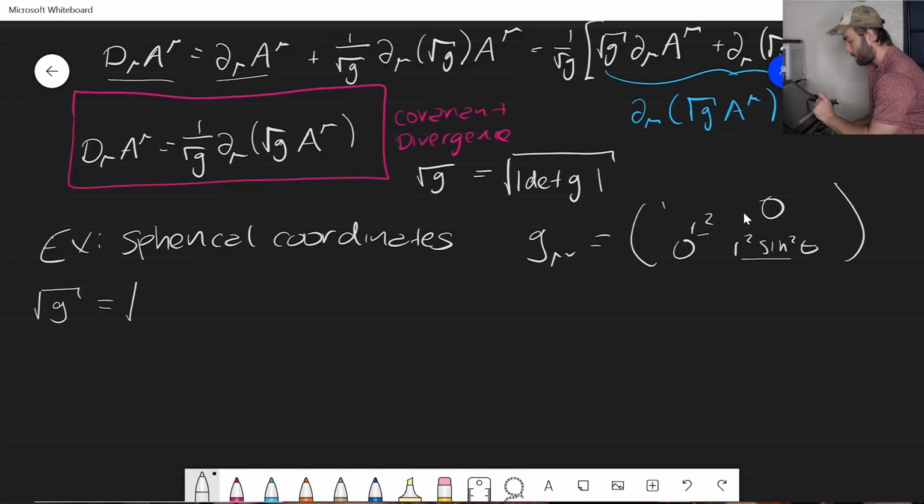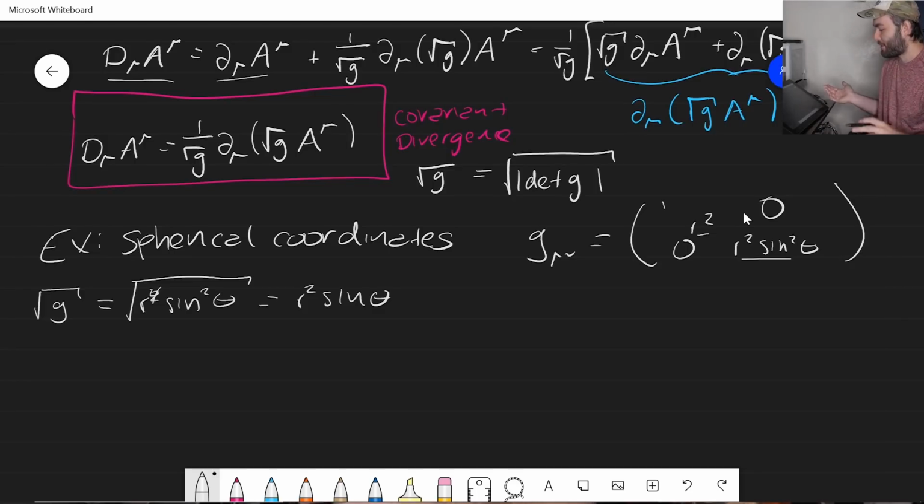That's the square root of r to the fourth sine squared theta, which is equal to r squared sine theta. And lo and behold, that's why, in doing any integral in spherical coordinates, there's that r squared sine theta dr d theta d phi. It comes from this Jacobian factor.